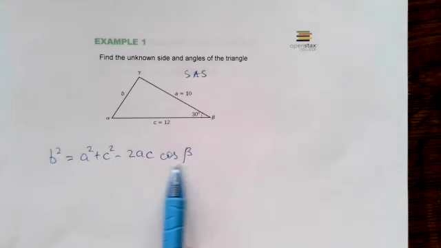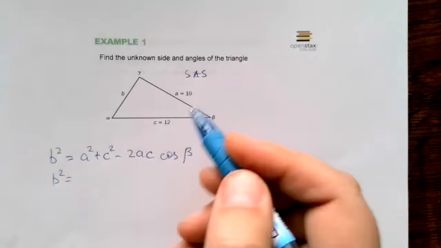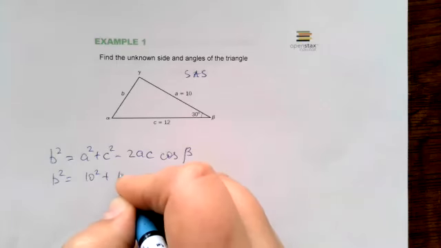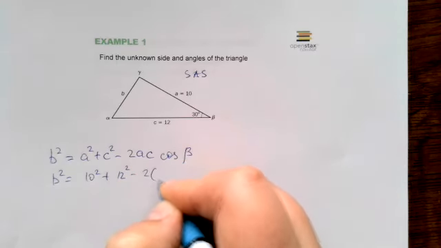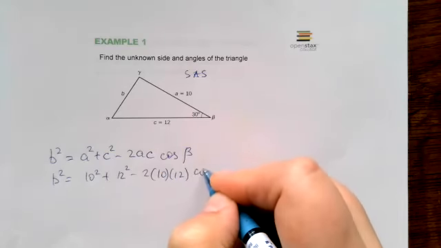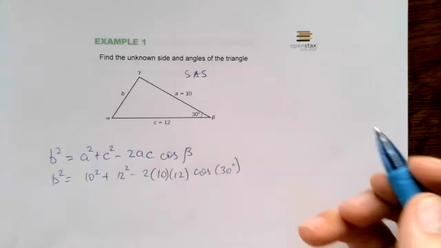We know all of the values here, we only need to substitute them. So 10 squared plus 12 squared minus 2 times 10 times 12 times cosine of 30 degrees.